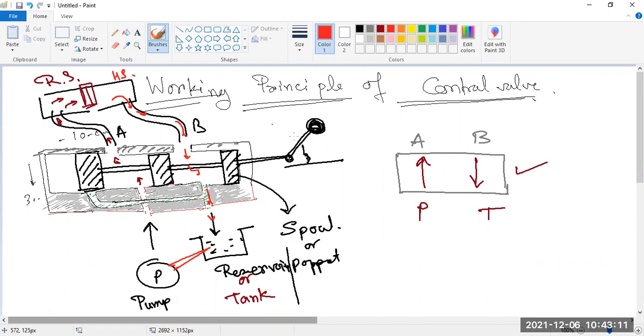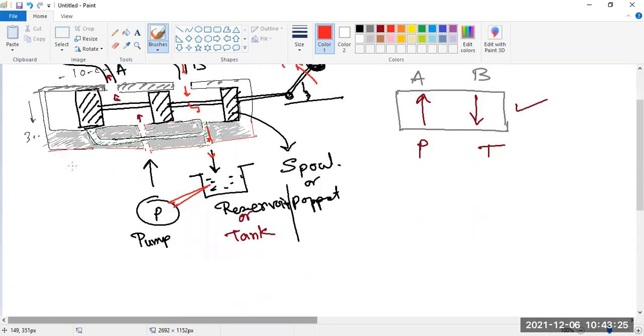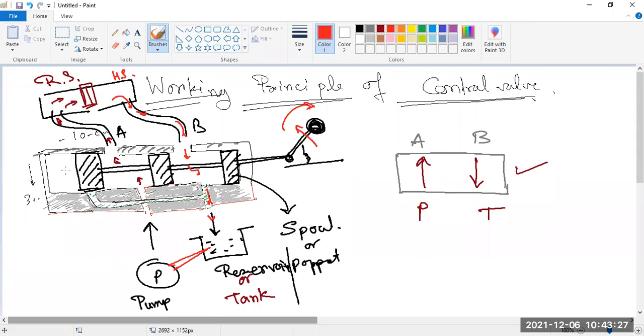Okay, and now by changing this lever we can change this position. By changing this position lever, if I give this position through this, what happens, the spool will come to the next side. So I am drawing the next position. Guys, I think you can understand this position. Just draw it in your book, because after this class ends, this all picture will go out, and then you can't understand the working principle.